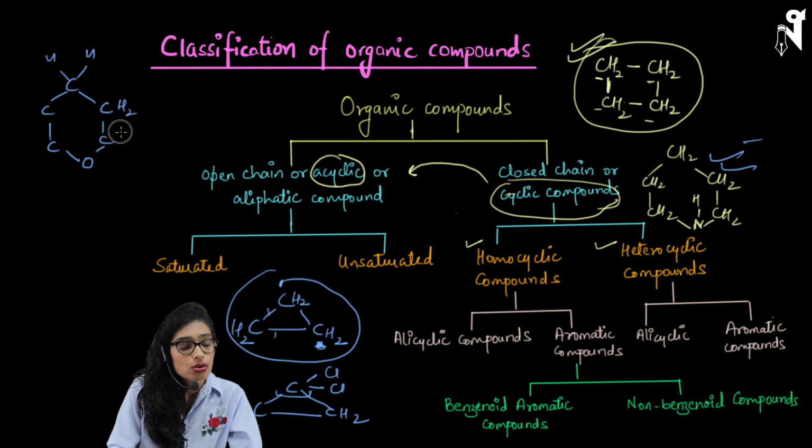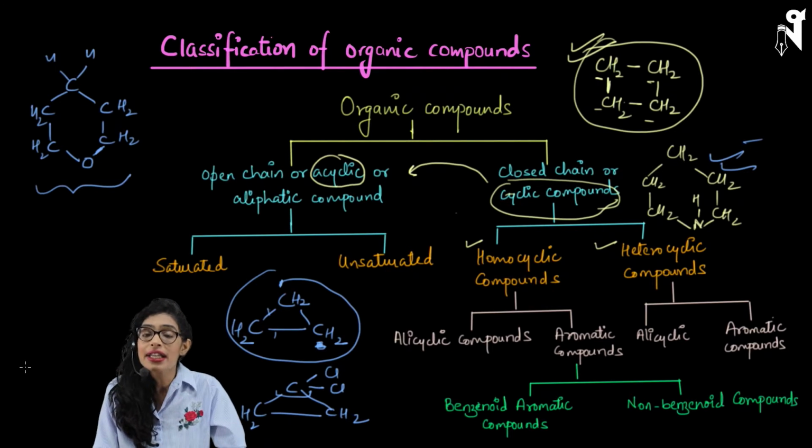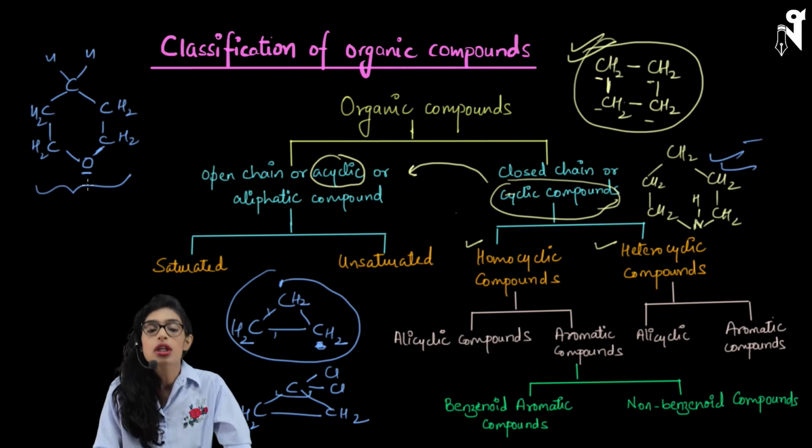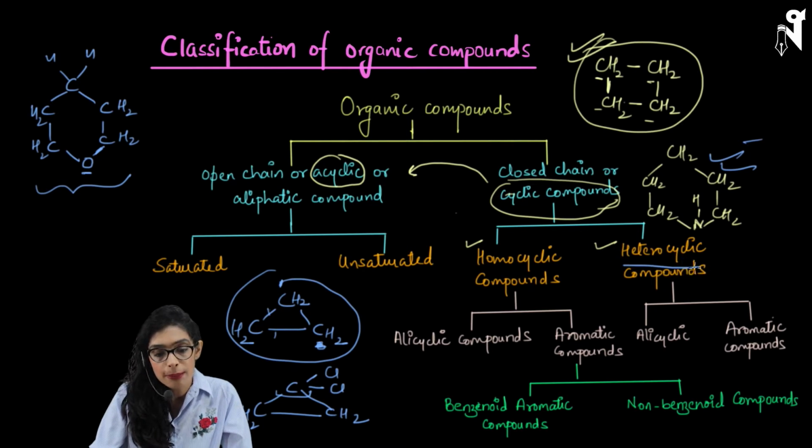Let's write H2, H2, H2, H2, and the oxygen valency is already fulfilled. Such a compound, which is made up of carbon and an extra element, that is oxygen, so the actual skeleton of the cyclic structure is made up of carbon and oxygen. Such compounds are called heterocyclic compounds. So this is my heterocyclic compound.